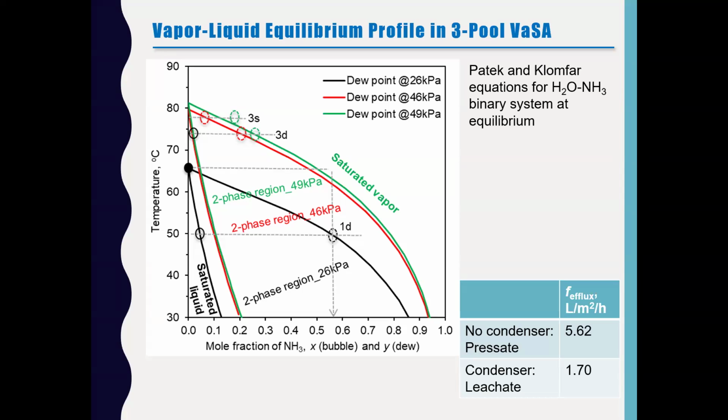But with the three-pool system, stripper head temperature increased to 78. The top of the demister just decreased to 74. And the ammonia fraction in the condensate is a little lower, but the vapor ammonia fraction is also lower. So we installed a condenser in the demister, which increased this fraction just a little bit.